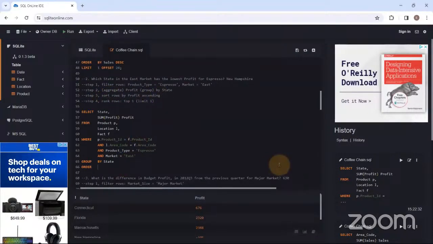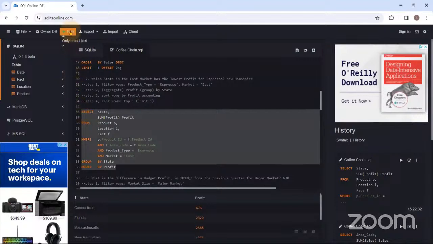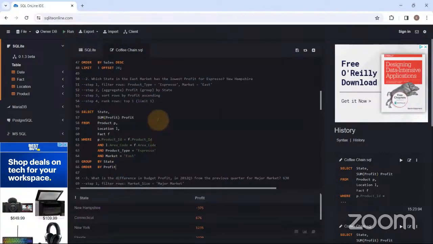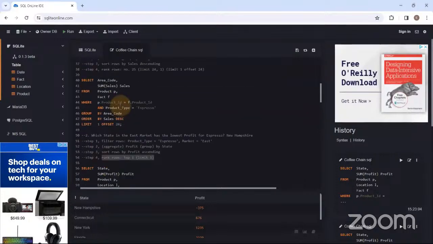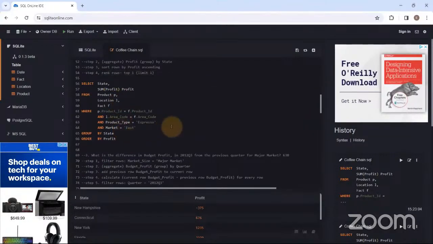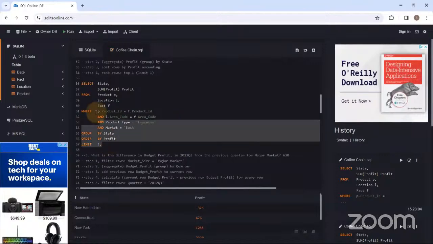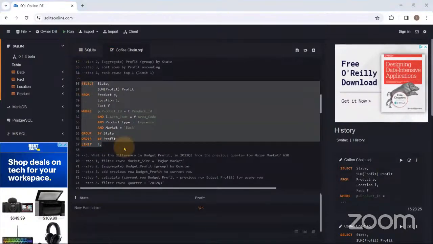Order by profit in ascending order, from lowest to highest. Run it, and here is the result. Step 4, rank rows. I'll use limit 1. Run it, and state is New Hampshire.